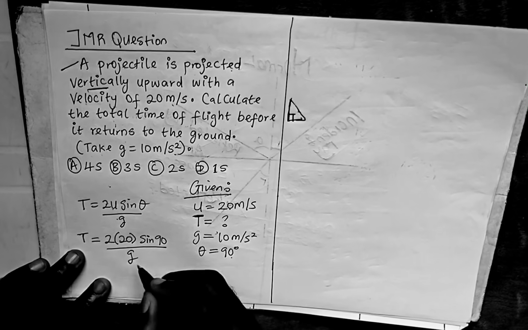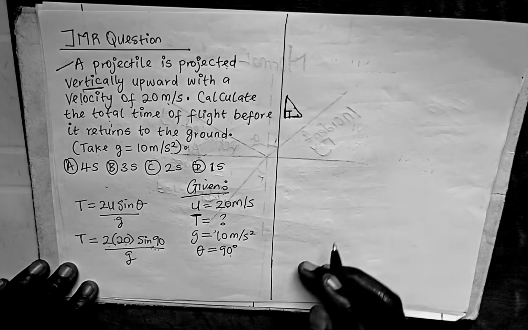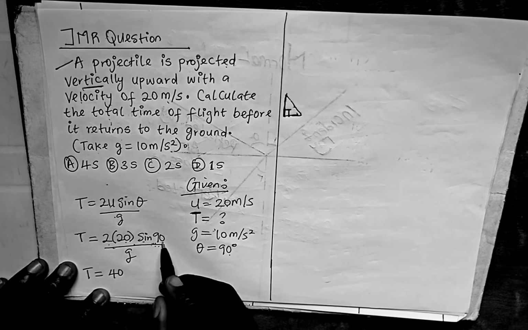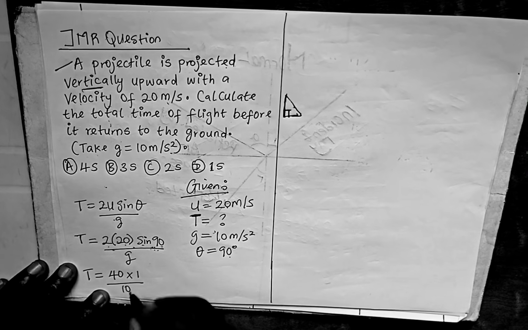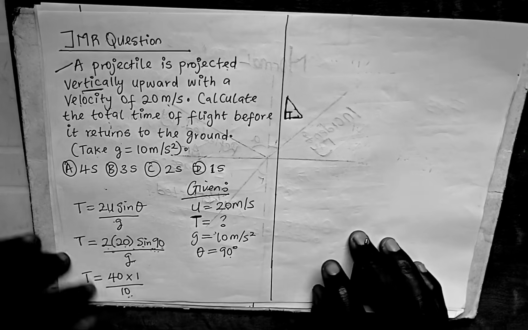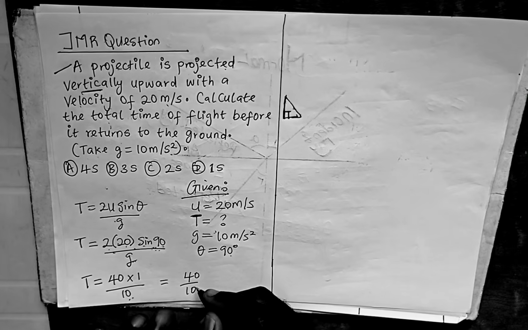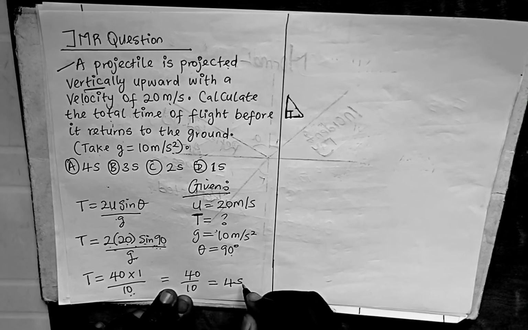Let's first put over G. Sine 90 is 1. 2 times 20 is what? 40. Times sine 90, which is 1. 40 times 1 over G, which is 10. So this will now give us what? 40 over 10. 40 divided by 10 is what? 4. 4 seconds is the answer.